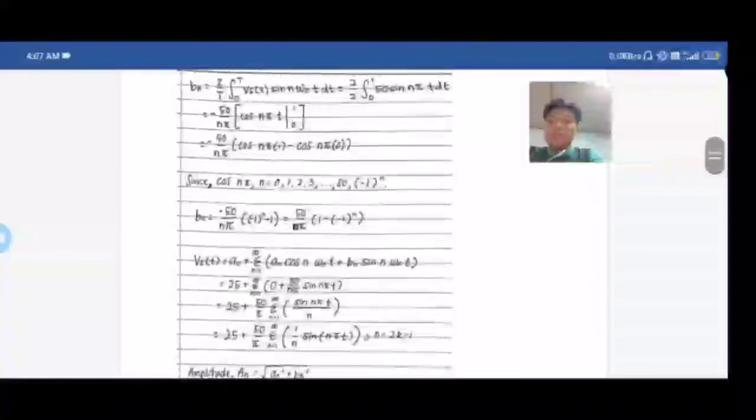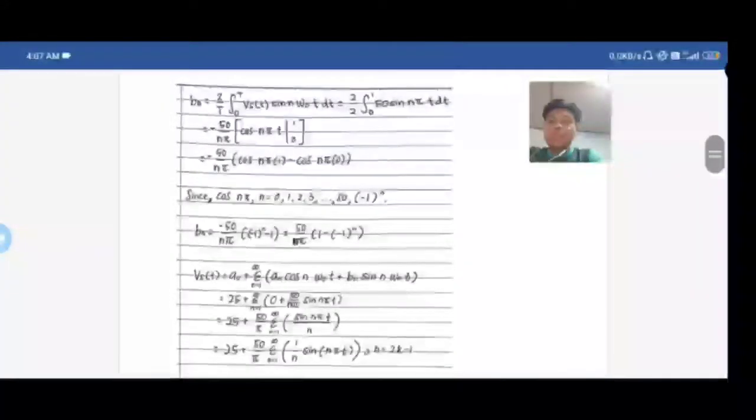So after that, for the Bn, we use the calculation 2 over T, with the time limit 0 to T, of Vs(t) sine n omega naught t dt, equal to 2 over 2, which is 1. So the time limit is 0 to 1, 50 sine n pi t dt equal to negative 50 over n pi in bracket cos n omega t, with the limit 0 to 1.